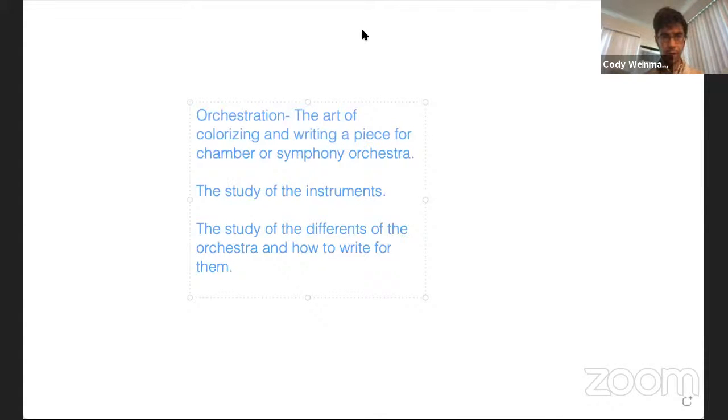There we go. Zoom whiteboard. There you go. That's what we want. This is the definition of the orchestration that we're looking for, okay? So take these down.